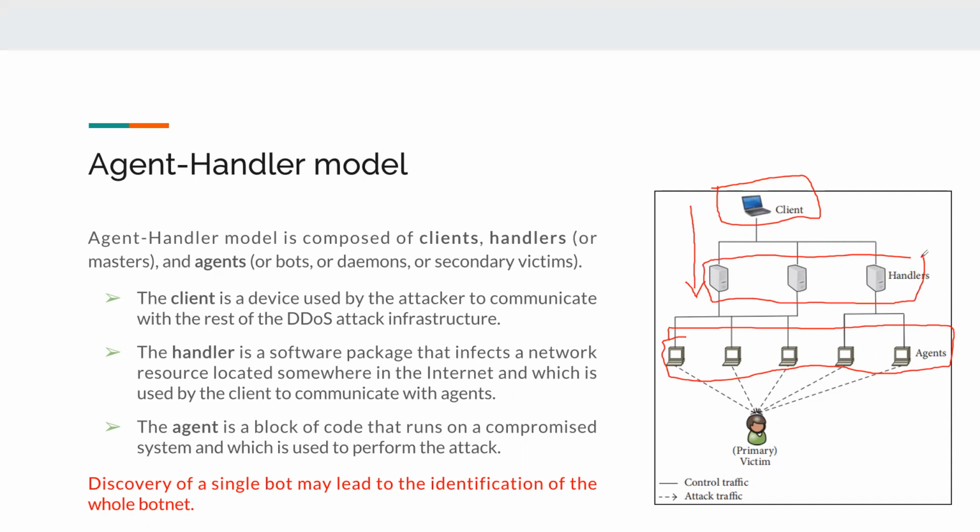A handler is nothing but a software package that infects a network resource located somewhere on the internet and which is used by the client to communicate with agents. When the agents receive the attack information, they perform the attack.